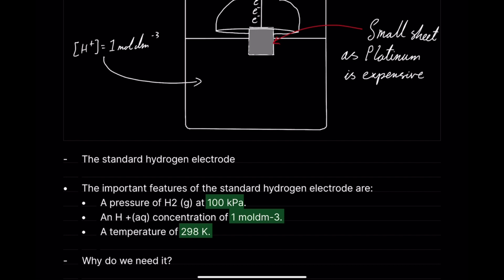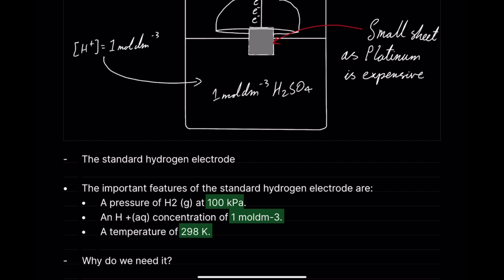So if you have 1 mole per dm cubed of HCl, that's fine, because HCl is a strong acid. But what you can't have is 1 mole per dm cubed of H2SO4.